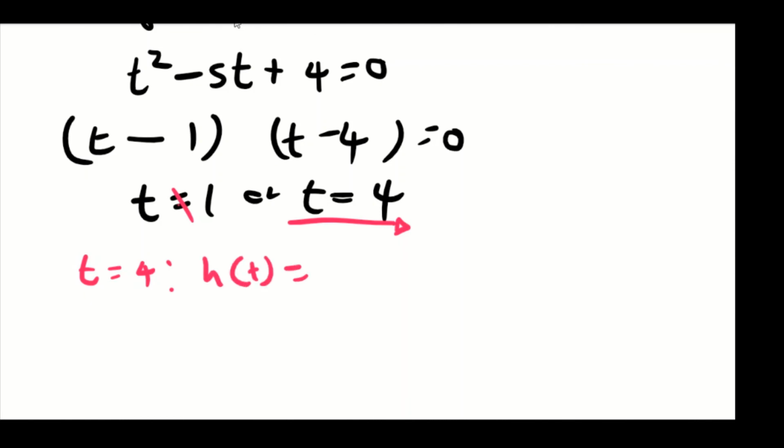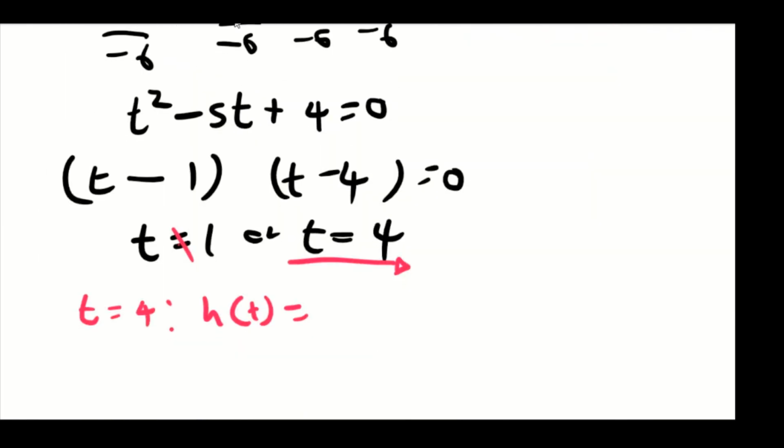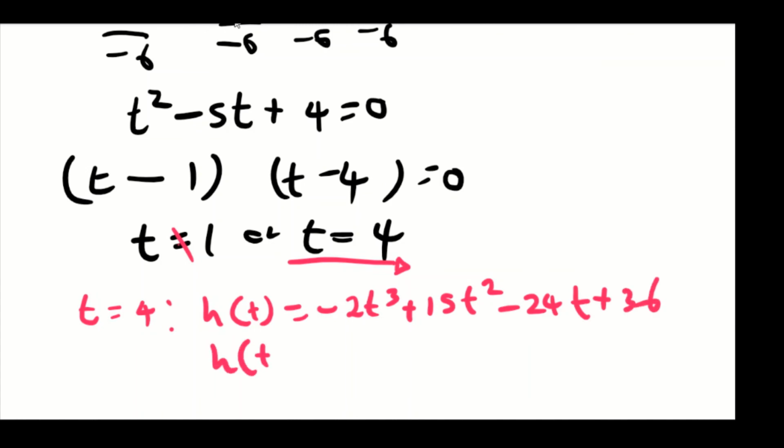h of t is equal to minus 2t cubed, and plus, not plus 3, plus 15t squared minus 24t plus 36. Let's substitute t equals 4, because that's when this insect reaches its maximum.